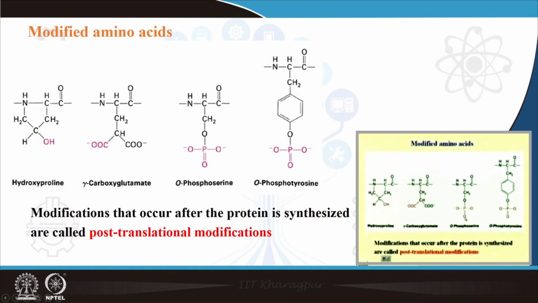Another one is phosphoserine linked to the O. What is serine? Serine is, now you recognize this as part of the polypeptide chain. How is this part of the polypeptide chain? Let's just get here and we'll show you how this is part of the polypeptide chain.